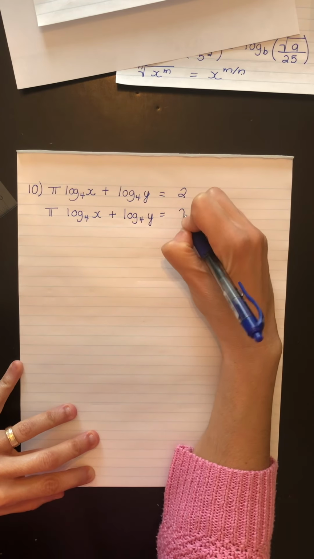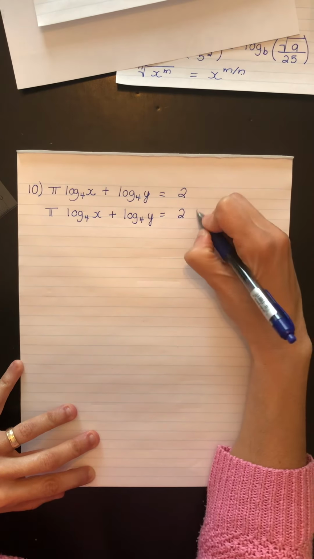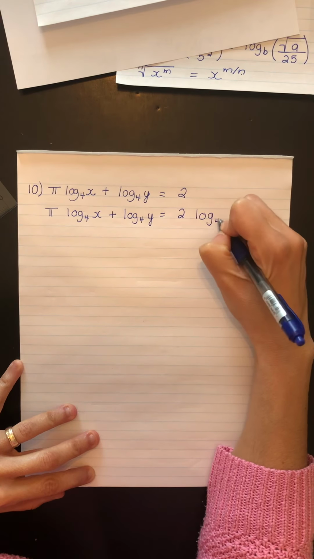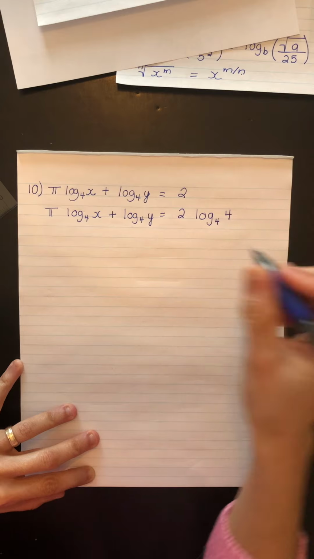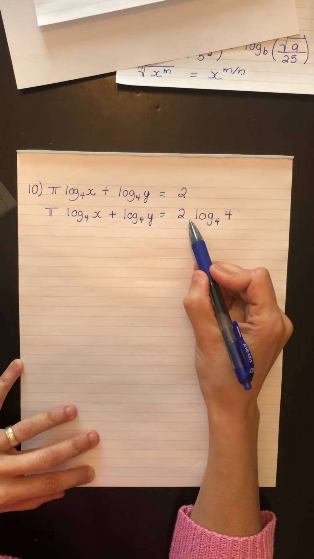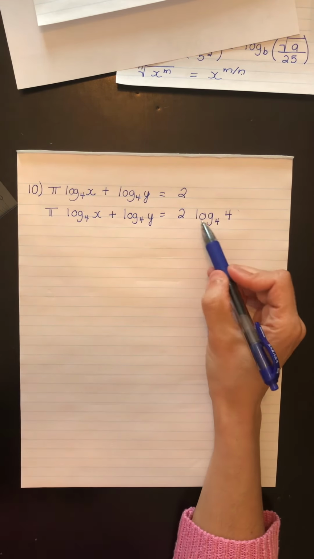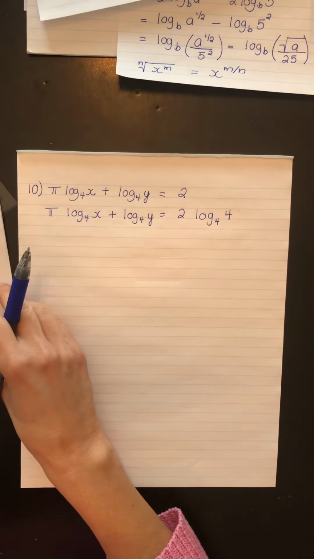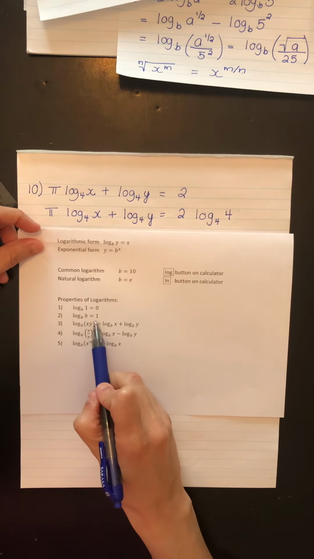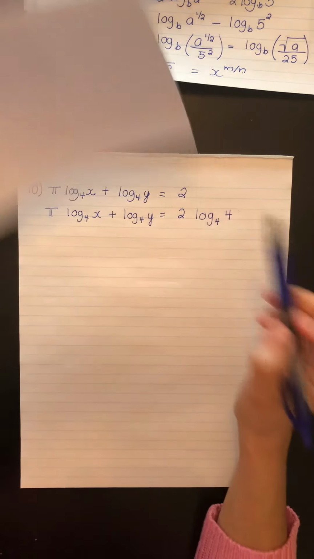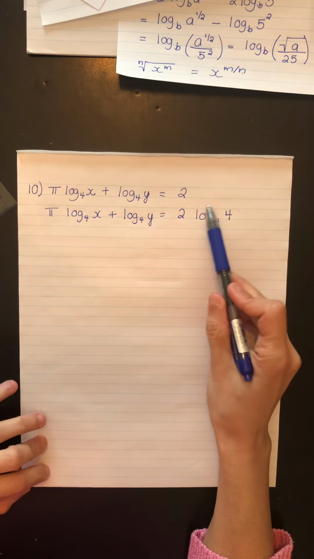So we change it to 2 times the logarithm of 4 with base 4, because we know that this has a value of 1 according to property number 2. So we change 2 into 2 times 1.